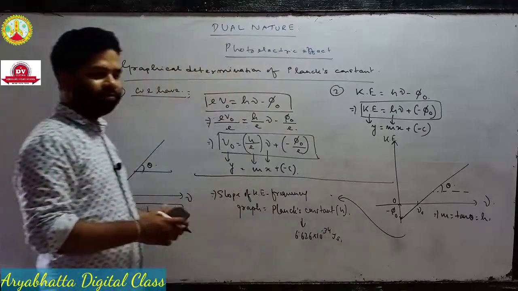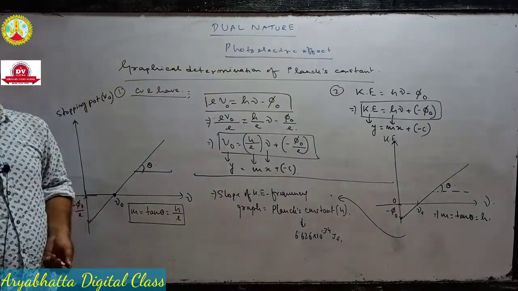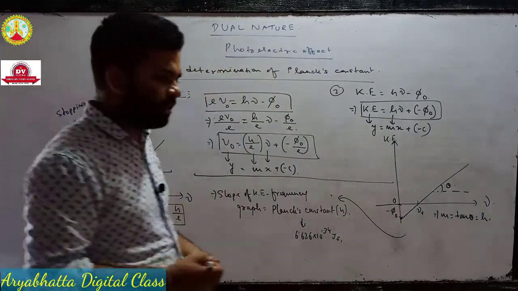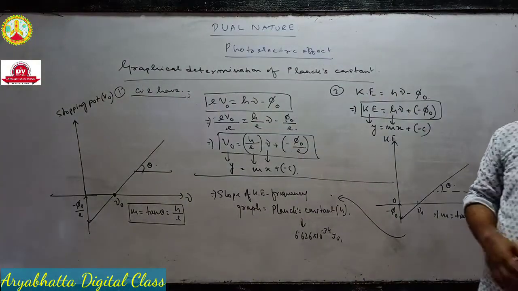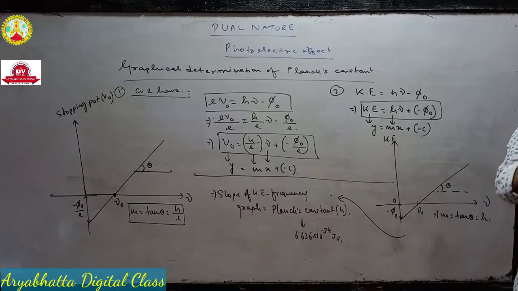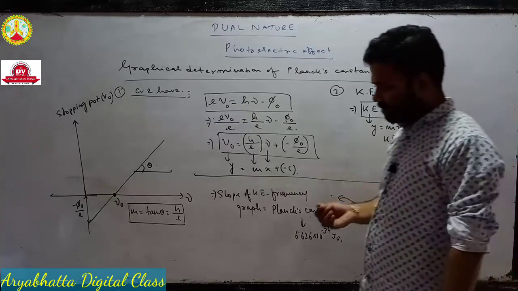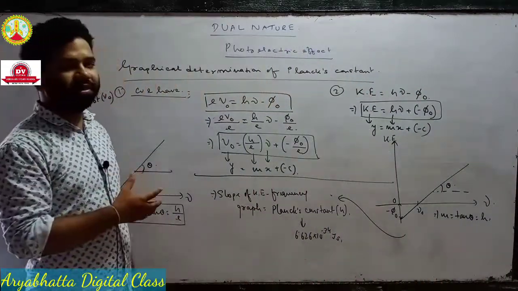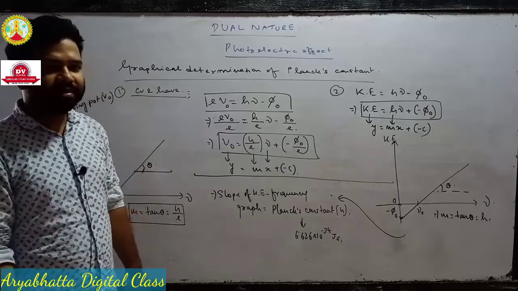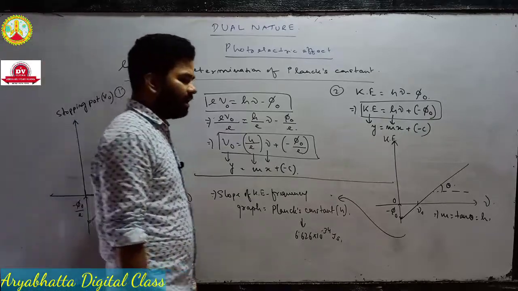Okay, so till now we are saying that in photoelectric effect the light is consisting of particles, which are known as photons. So we already know one thing also, that light is nothing but wave also. So photoelectric effect is a phenomenon that can be explained by considering light as a particle.